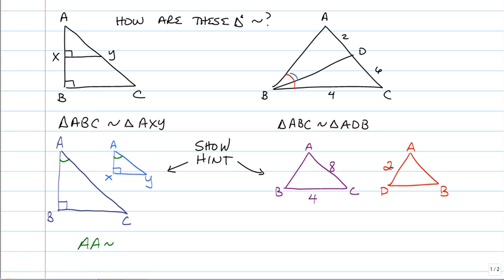So think about that for a minute. I don't see enough information, do you? So we know we have angle A. Okay, so we've got that. We do not have enough other information, so no, they're not similar.